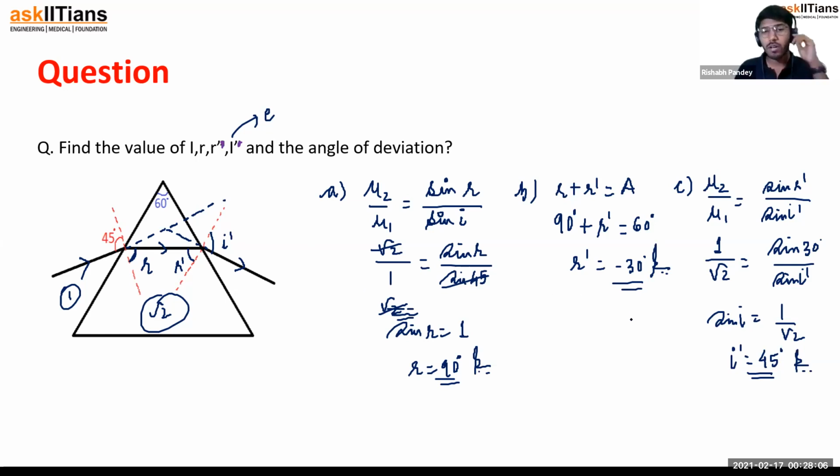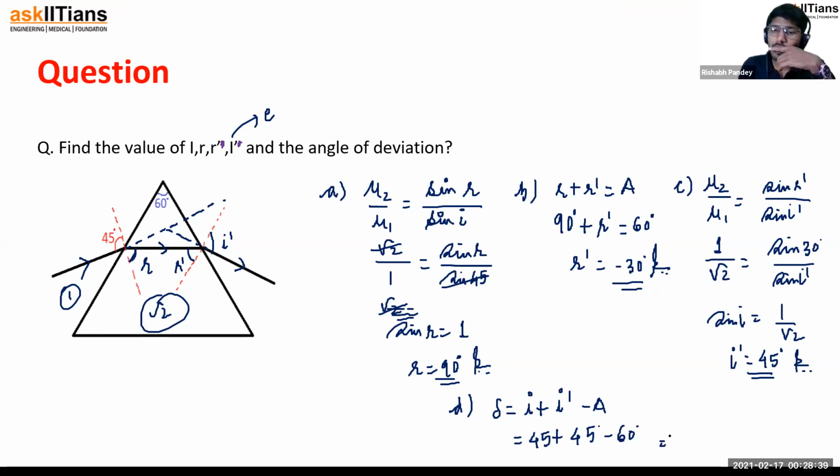But if I talk about the fourth one, that is the angle of deviation, again by using the same relation which we discussed in that particular slide, the angle of deviation can be found using delta is equal to i plus i dash minus A. I is 45, i dash is also 45, and prism angle is 60 degrees.